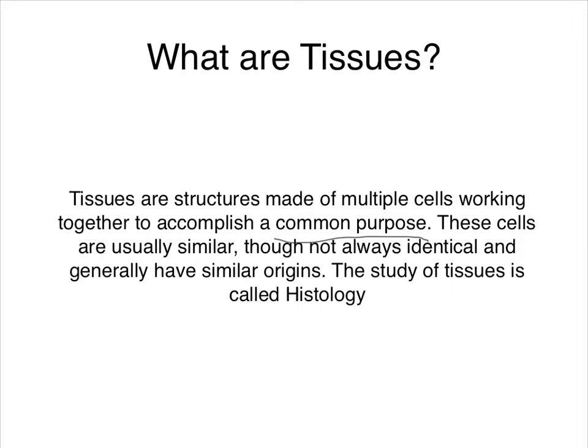Embryonic stem cells can turn into any other type of cell. But fairly early on in development, the embryonic stem cells begin to differentiate down one of 3 paths. What's called the endoderm, the exoderm, and the mesoderm.